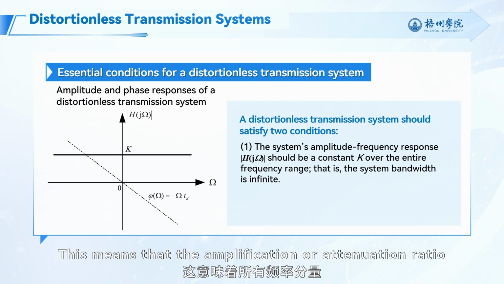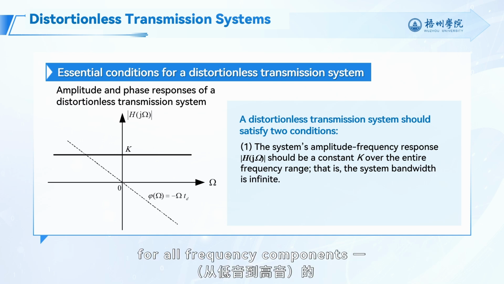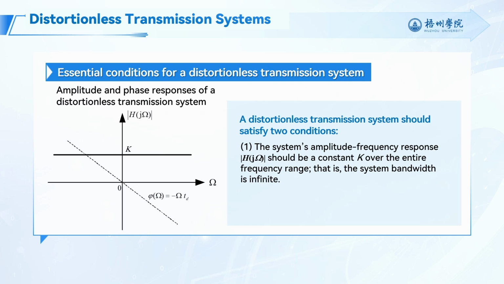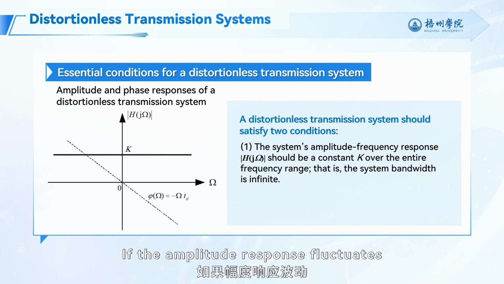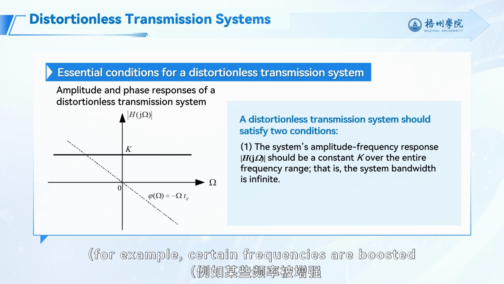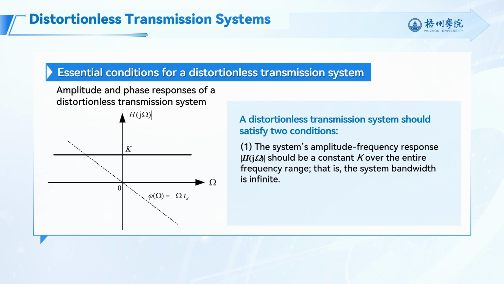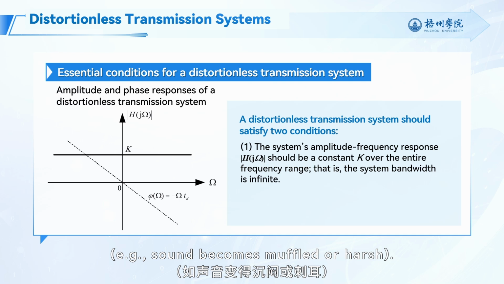This means that the amplification or attenuation ratio for all frequency components, from low tones to high tones, must be the same. If the amplitude response fluctuates, for example, certain frequencies are boosted while others are attenuated, distortion will occur, e.g., sound becomes muffled or harsh.